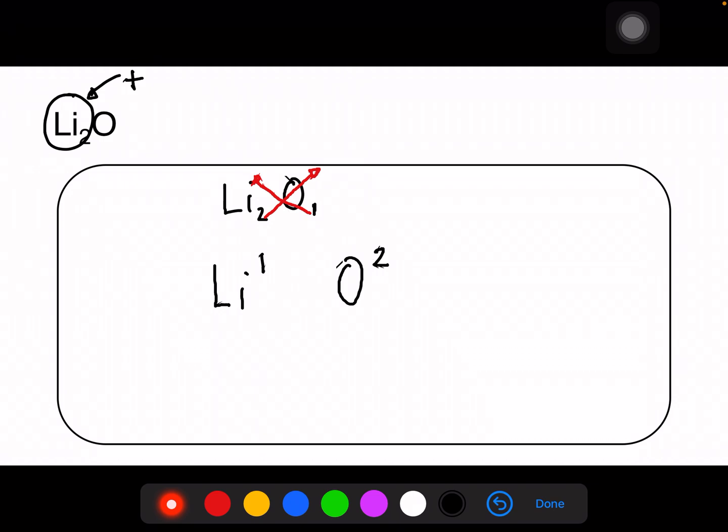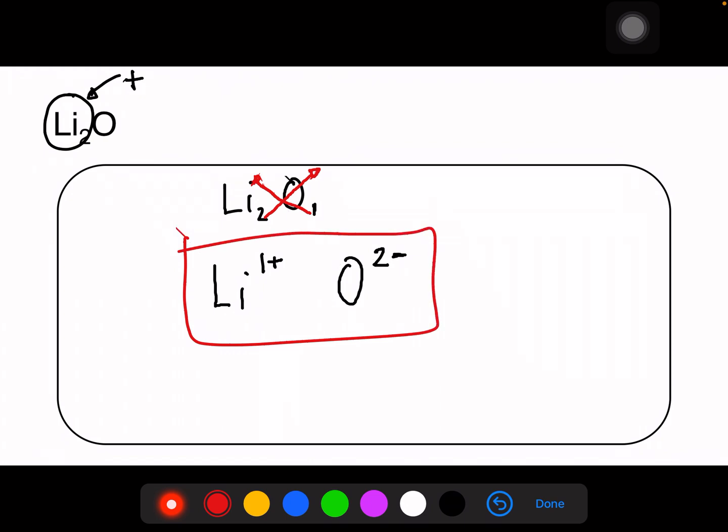And the following element or elements will carry a negative charge. So for that case, lithium is 1 positive, oxygen is 2 negative. Okay, so this one is our final answer.